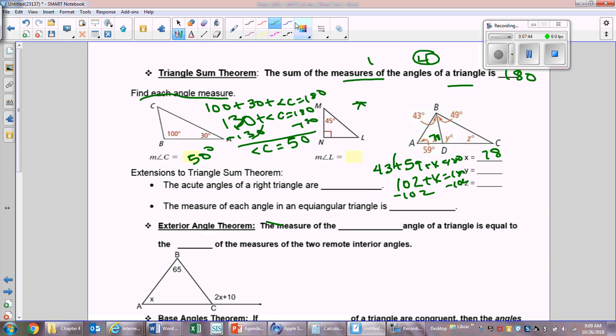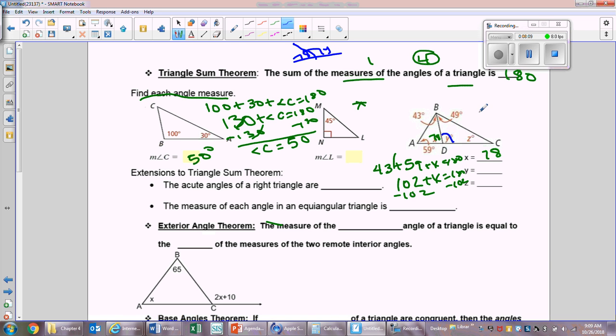Okay, so now I'm trying to find the next variable, which is y. So what do you think I should be using to find y? This is going back to unit 1. Remember we talked about linear pairs? So if I know this is 78, this would be y.